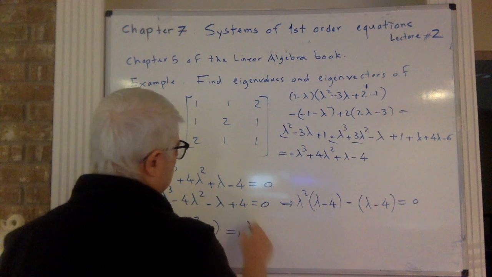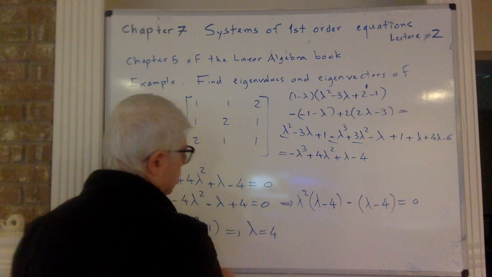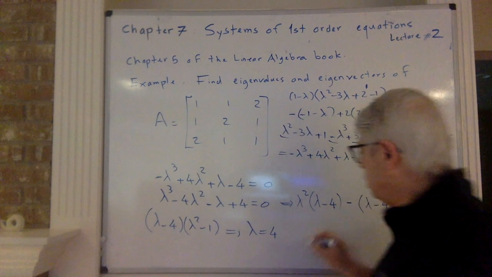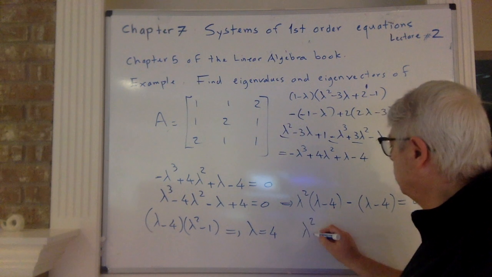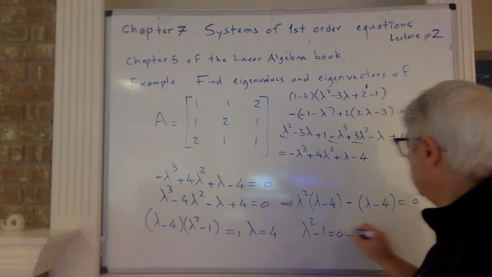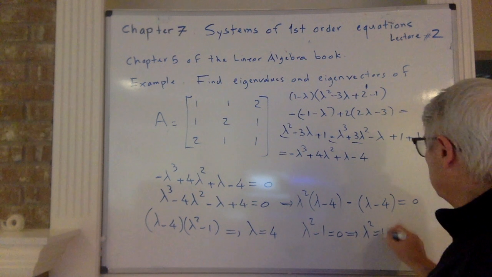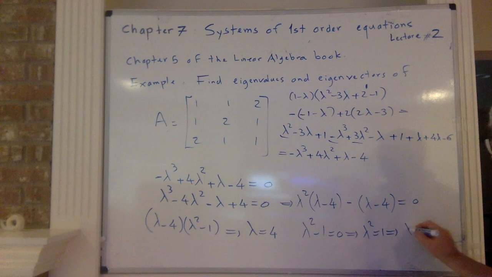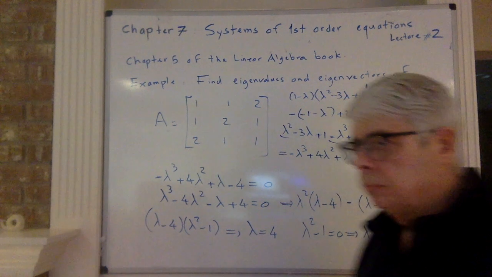So one solution is lambda equals 4, and the other ones are lambda squared minus 1 is 0. So lambda squared is 1, and lambda is plus minus 1. Okay?